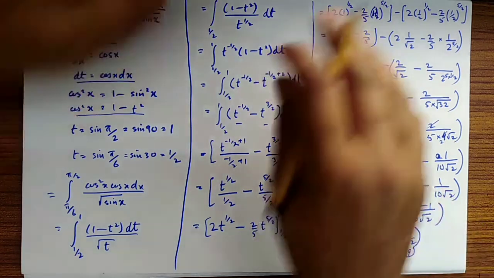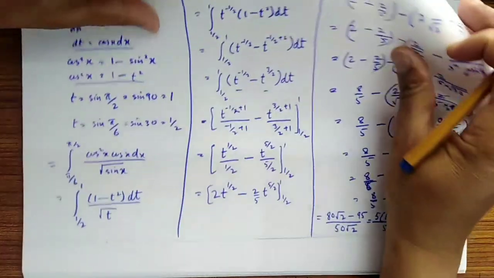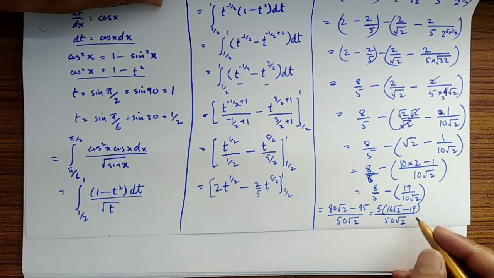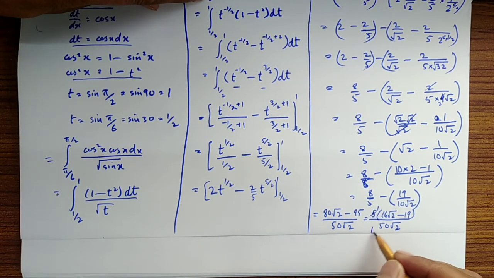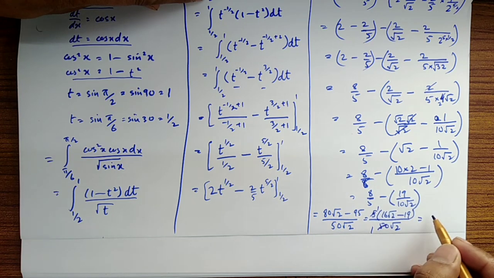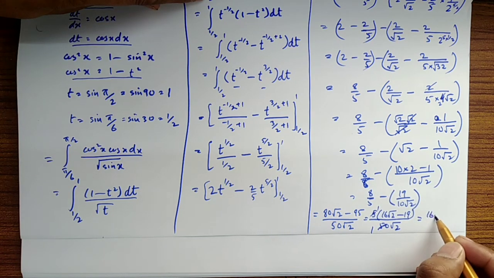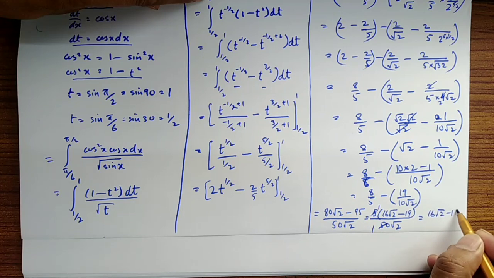I think it's not visible, so let's see, 5 ones are 5, 5 tens are 50. So our final answer is 16 under root 2 minus 19 divided by 10 under root 2.